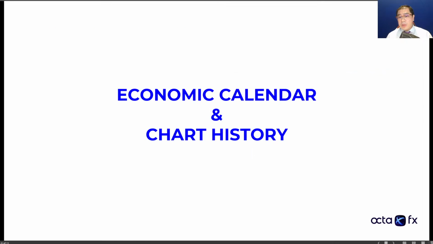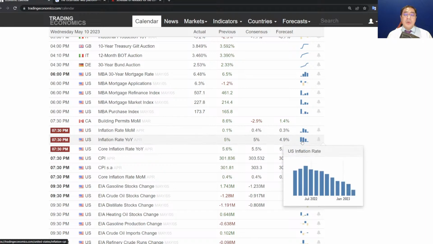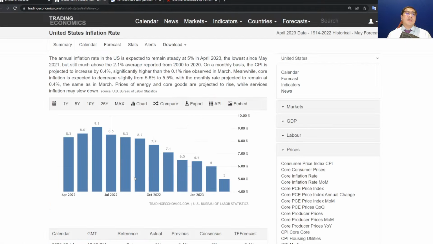All right, so I'm going to show you the economic calendar for today. I'll give you a little bit of a view into things here. So let's take a look at the inflation rate year on year, right? This is expected to come in at 5%. Previous number was 5%, and if I were to show you the US inflation rate here, this is basically what it looks like.